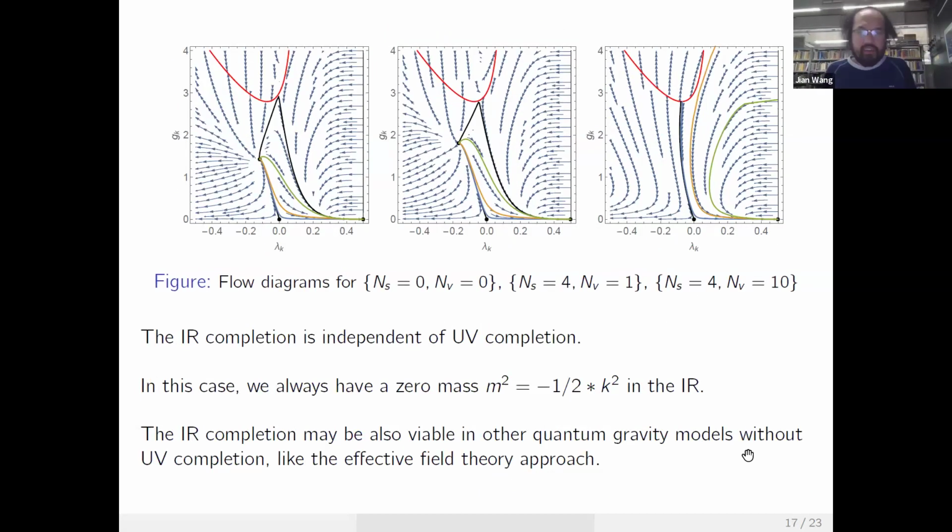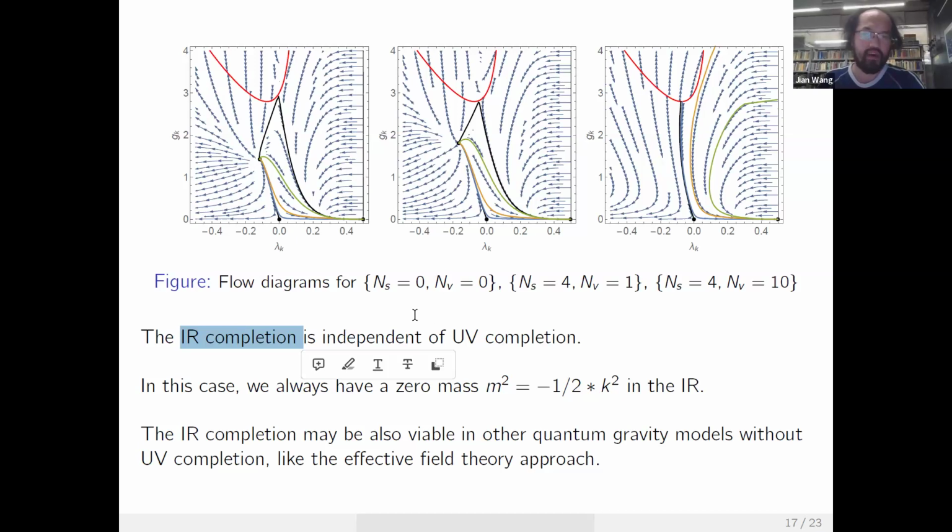Yes, but the existence of this infrared fixed point and the Gaussian fixed point indicates that in fact the infrared completion of the theory could be independent of the UV completion.